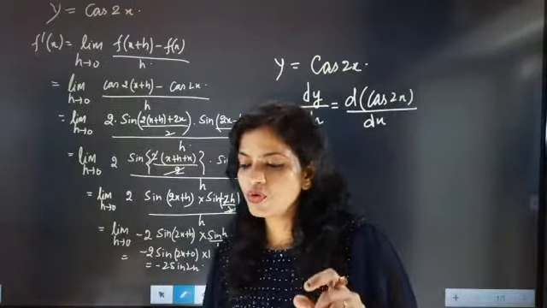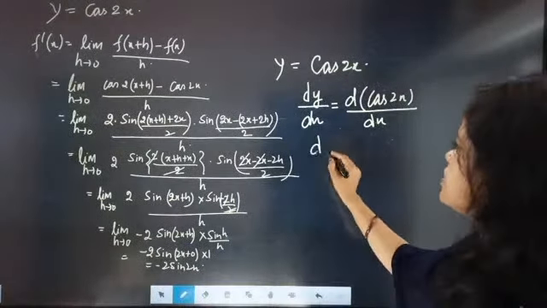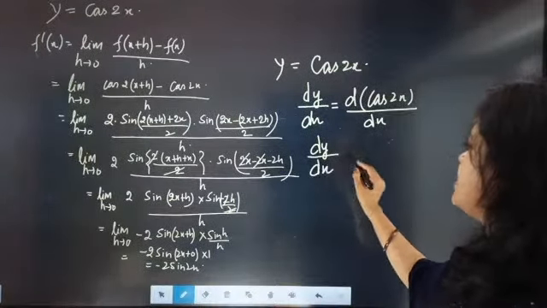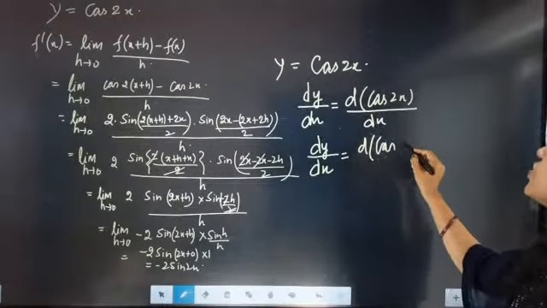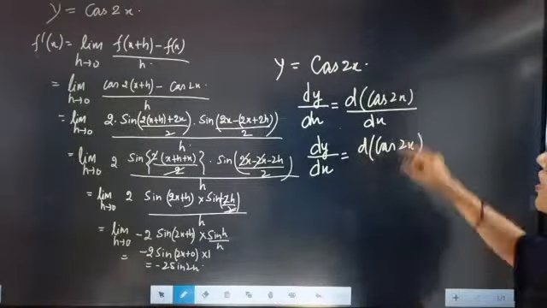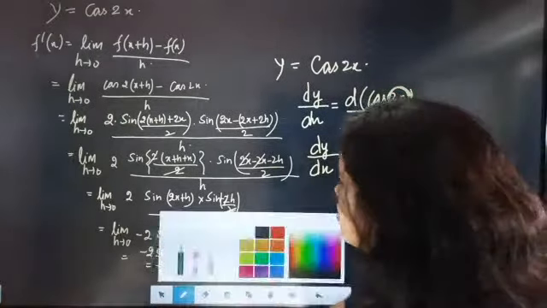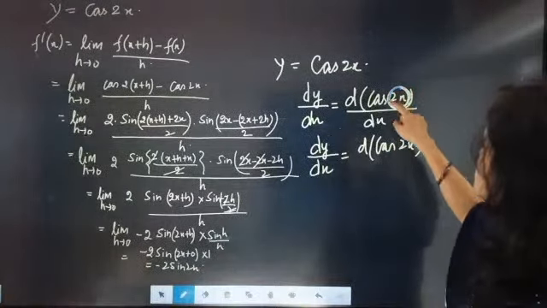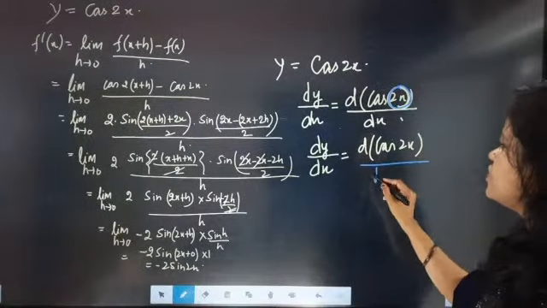Now you have to implement one shortcut method. The shortcut method here is dy by dx, you keep it as it is. Now d of cos 2x. Now after cos, what is there? 2x. This should be your priority. So cos 2x. So I just took this one, cos 2x.